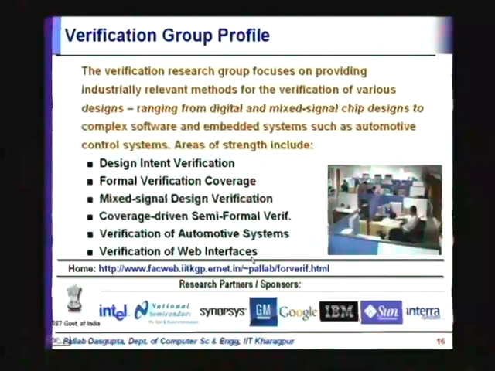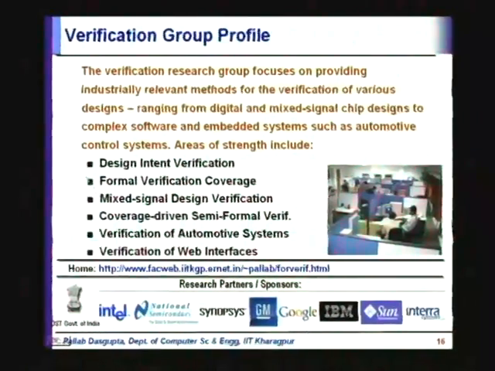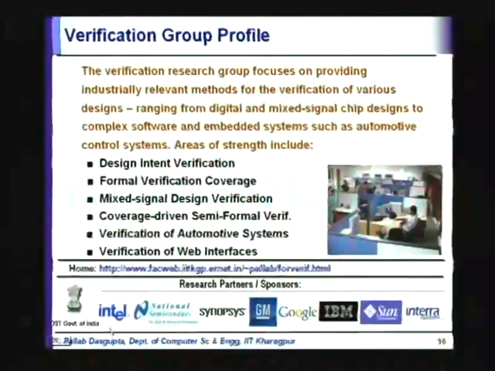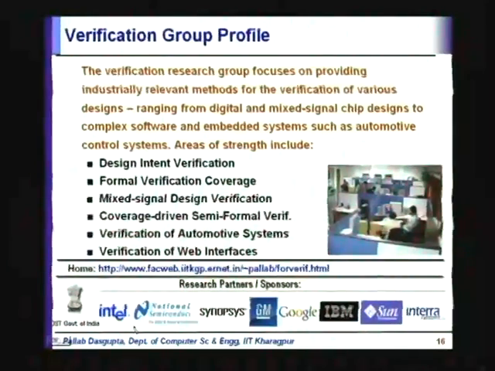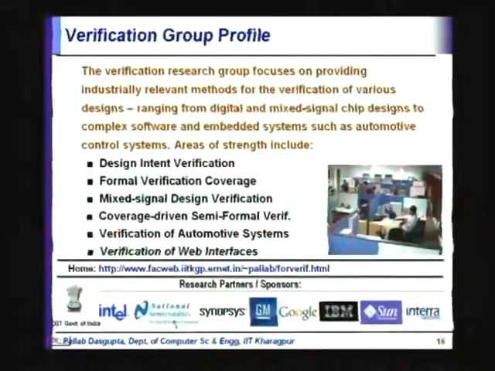We have a verification group here, as you may be aware, where we work with several companies on different problems. These are some of the problems on which we have been working. We have been working with Intel for about 5-6 years now, and with National Semiconductors on the analog mixed signal design verification space.